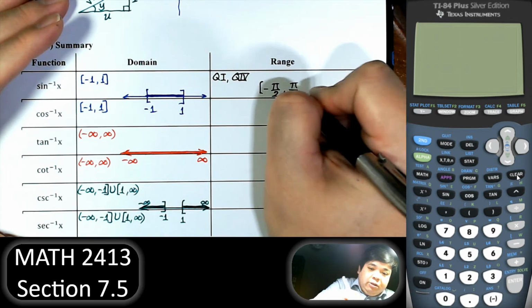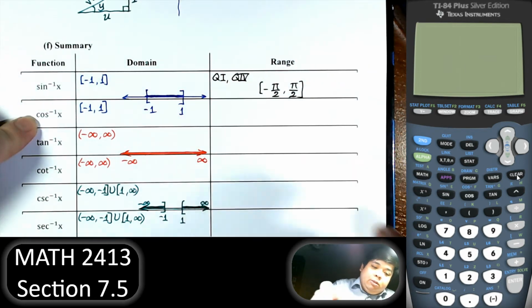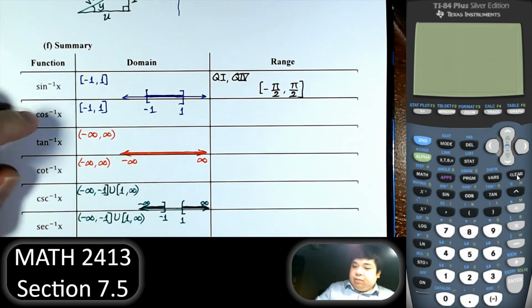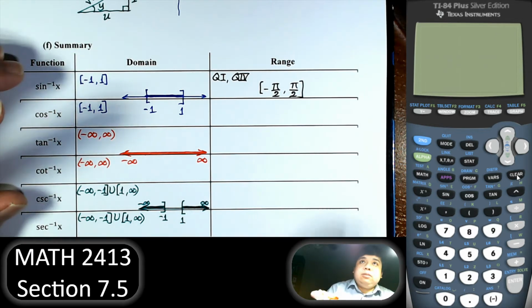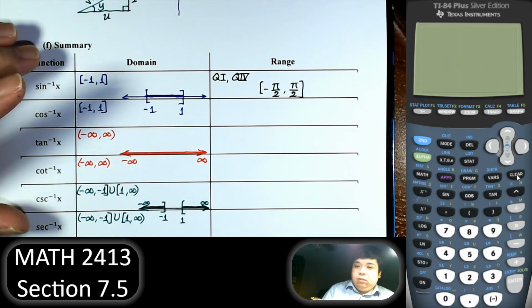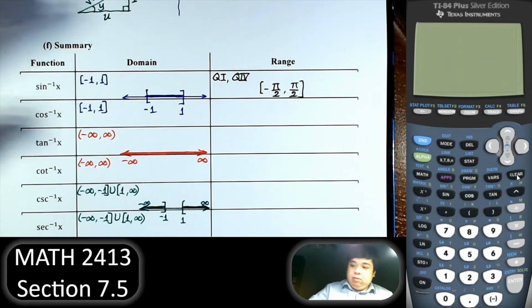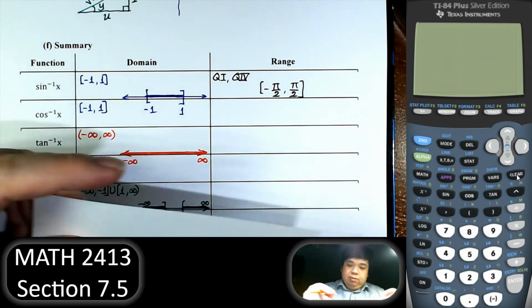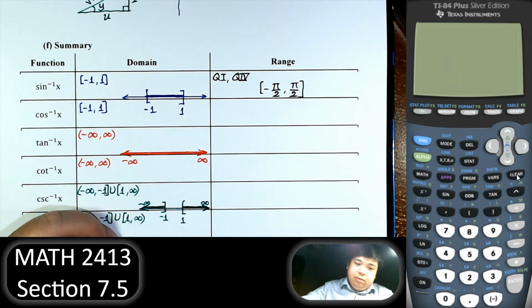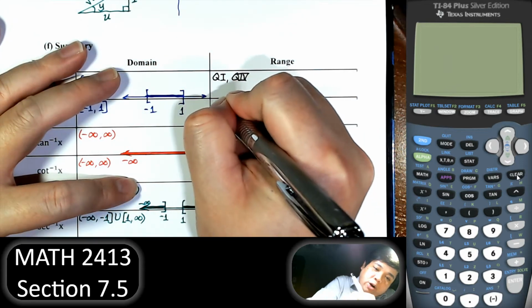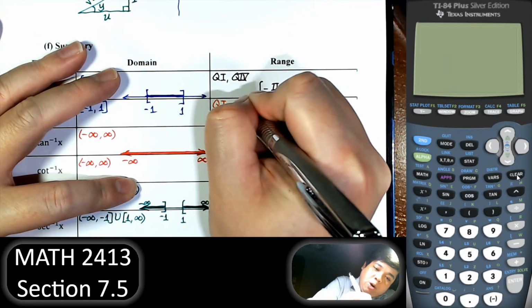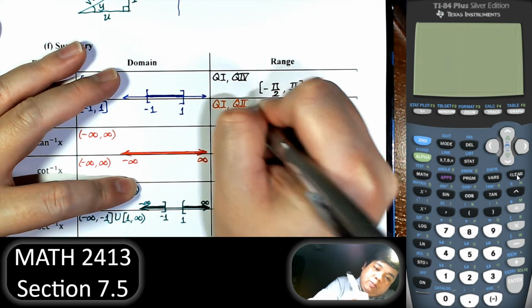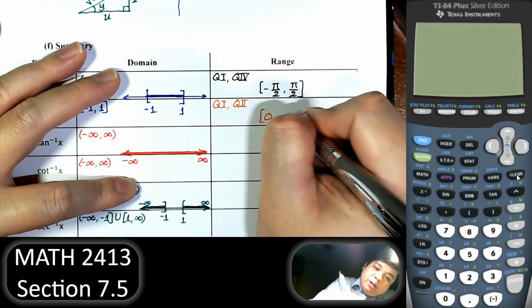That's for sine inverse. Cosine inverse will be in quadrant 1 or quadrant 2. In particular, 0 to pi.